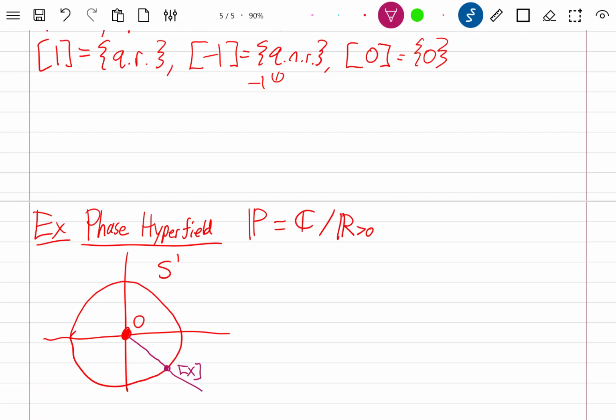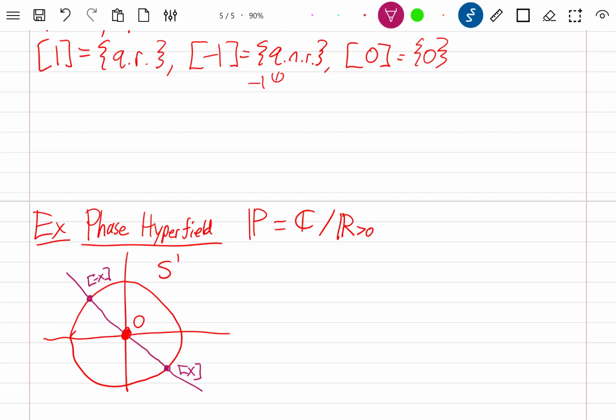And the way addition works is if I add anything with 0, it's 0. If I take the antipodal angle, this will be my negative x. So x plus negative x should just be x, negative x, and 0, because if I add any two things along this line, it has to stay along this line, but it could be on either side.